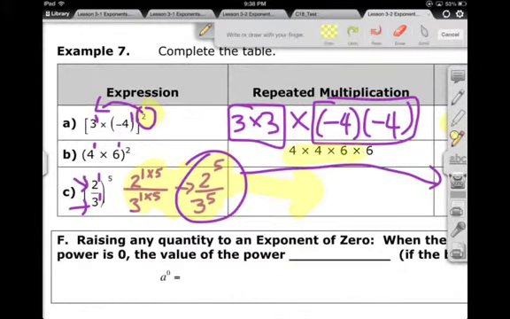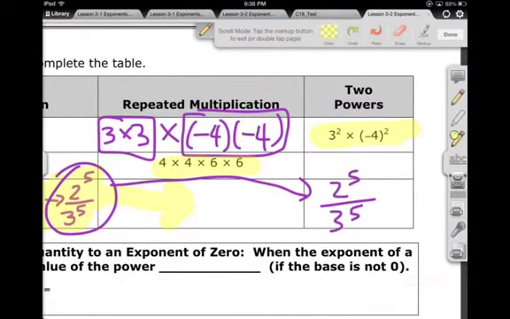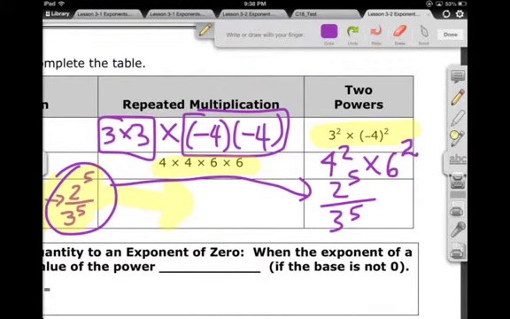That's what this says. But once you see that it's power of a power, you should just say 4 squared times 6 squared. And it comes out to the exact same thing.